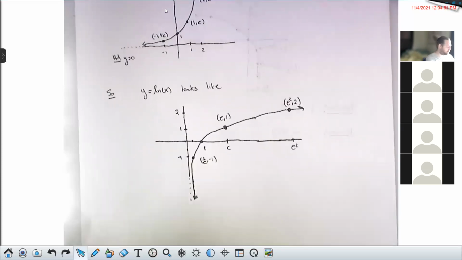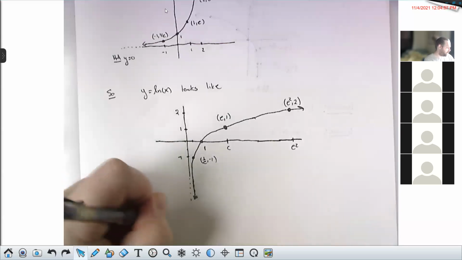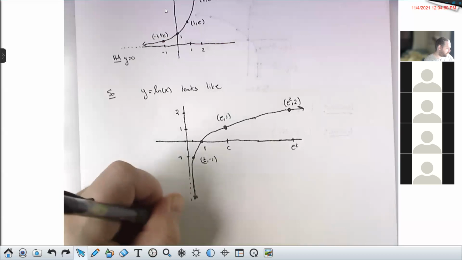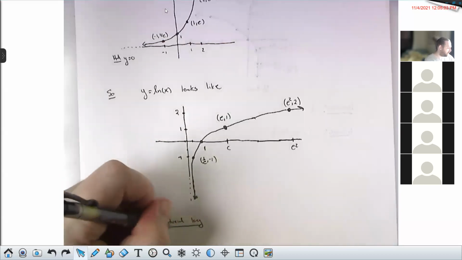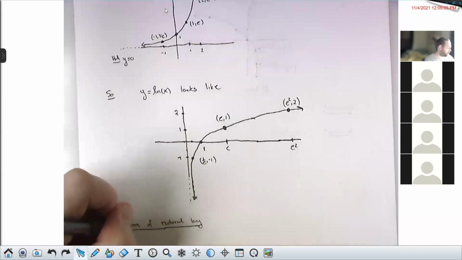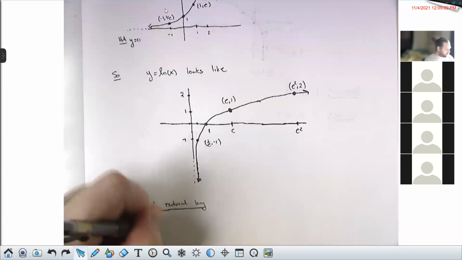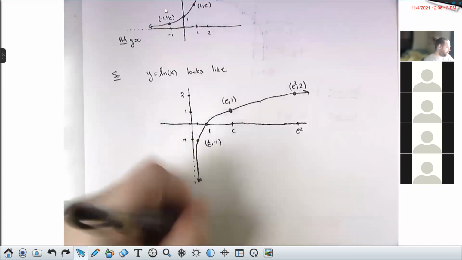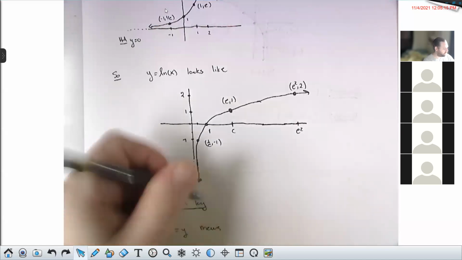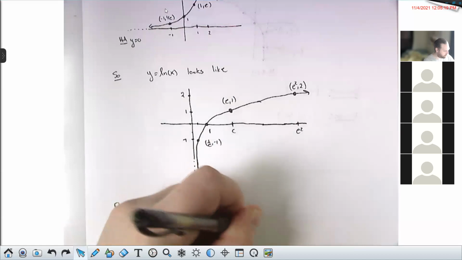So one of those properties of the natural log, we've really already said this, we're just restating it in the new notation. The ln of x is equal to y means that e to the y is equal to x.